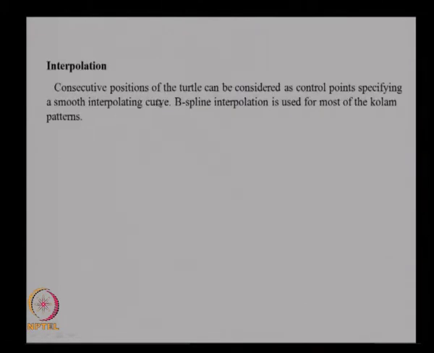Consecutive positions of the turtle can be considered as control points specifying a smooth interpolating curve. B-spline interpolation is used for most of the kolam patterns. Kolam patterns are those patterns which are drawn in front of the house, especially in South India.